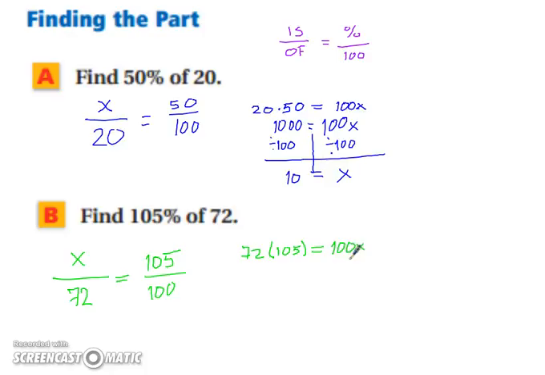Well, 72 times 105 is 7,560, and that equals 100x. And just like we did before, we want to divide both sides by 100 because we want to get this x by itself, because ultimately that's what we're trying to find. And when you divide both sides by 100, you end up with 75.6.